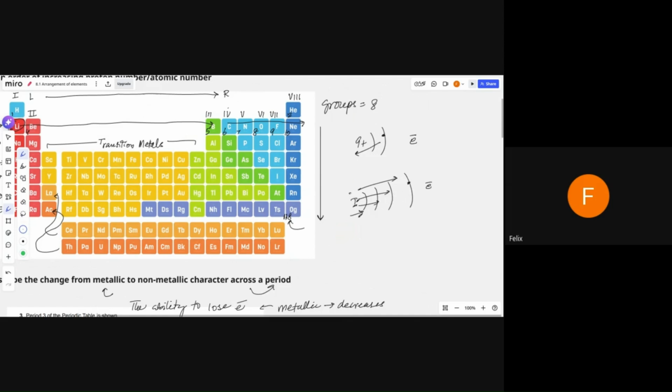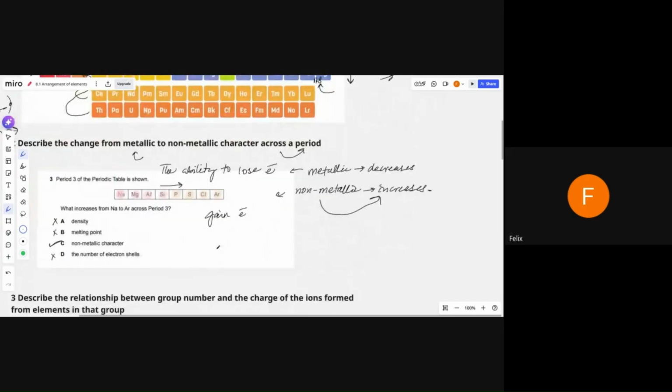So that is why it has a lower non-metallic character, because of the shielding effect and because of the distance, the radius of this atom, it is unable to efficiently gain electrons, right? So I hope this is clear. Now we move on to the next part.